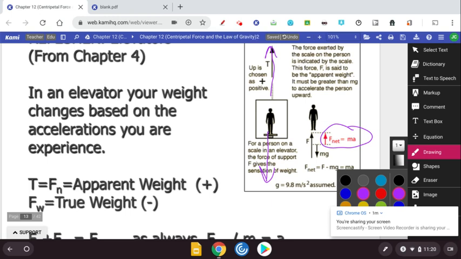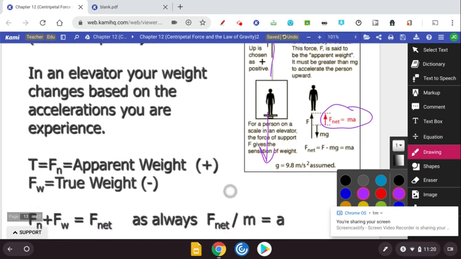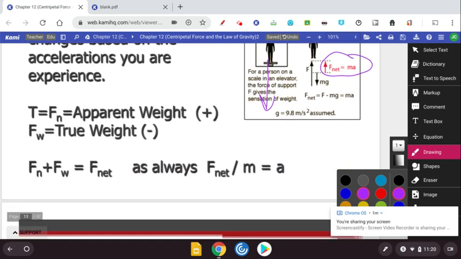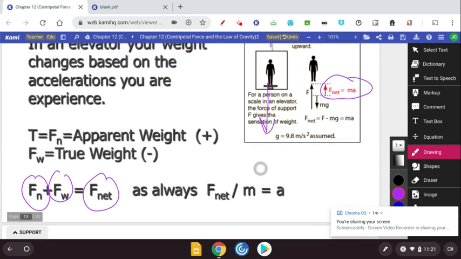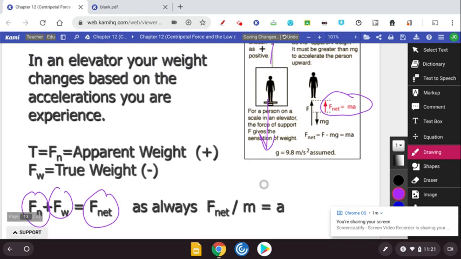And so we say in the equation that the normal force plus the weight has to equal the net force. And so we end up saying with that the apparent weight is going to equal that net force, the normal force. And so the normal force is equal to the net force minus the weight.